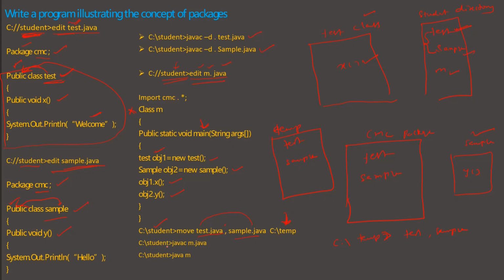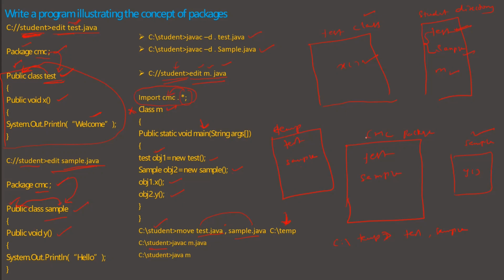if I compile your Java program in the student package, javac M.java, the important point is that you have imported CMC.*. CMC is present with the Test class, and the same CMC is present with the Sample class, right? So when I say import CMC.*, indirectly this import is going to import all the classes present in your CMC package.